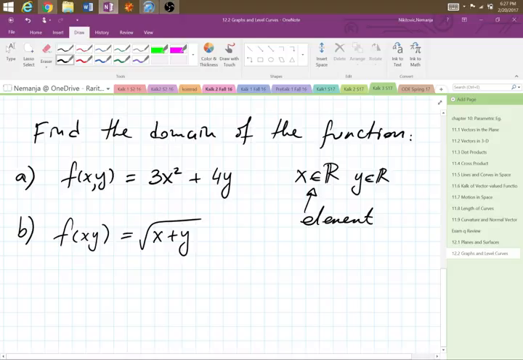So we just write that in mathematical terms. That's an excellent answer. Let's just write it as a mathematical statement. You said it in English. Now let's write it. Domain.